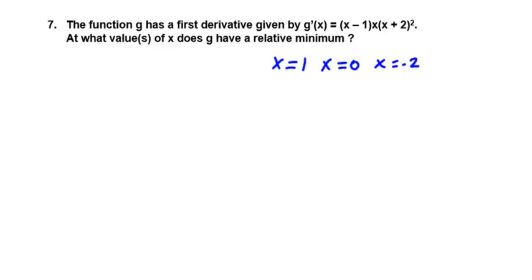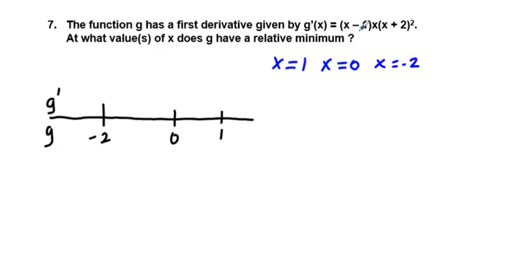Now I try to tell my students that number lines are their friends, and this is no exception. If we draw a little number line here, negative 2 is our first critical number, then 0, and then finally 1. And we're going to put g prime on top of the number line and g on the bottom.